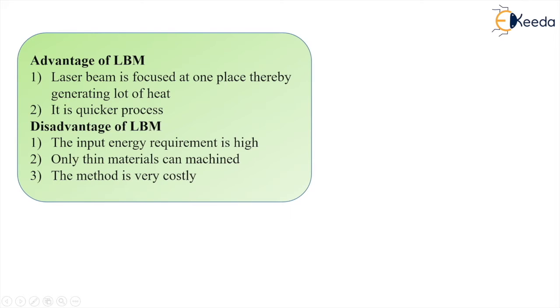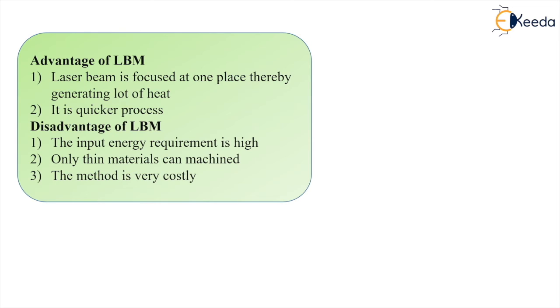The laser beam machining process is used for cutting tools made of Yukon. Yukon is a tool material which can be rolled in the form of sheets, and you can use them as throwaway inserts. Whatever shape you require, you just cut by laser beam machining, use that insert, and after using just throw it away.